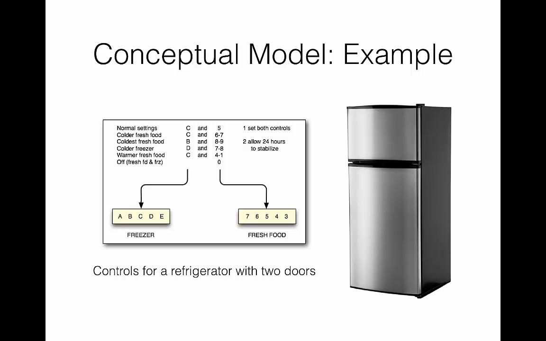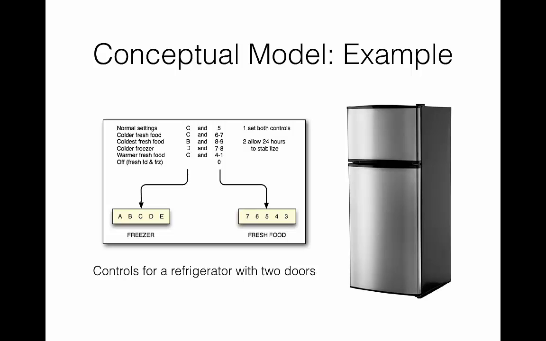Let's take a closer look at the instructions. We see that the normal settings are C for the freezer and 5 for fresh food. That's right in the middle of both ranges, so that makes sense. If we want colder fresh food, we keep the freezer control on C and turn the fresh food control up to 6 or 7.